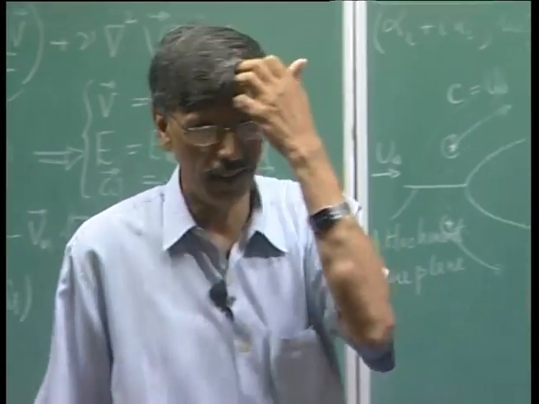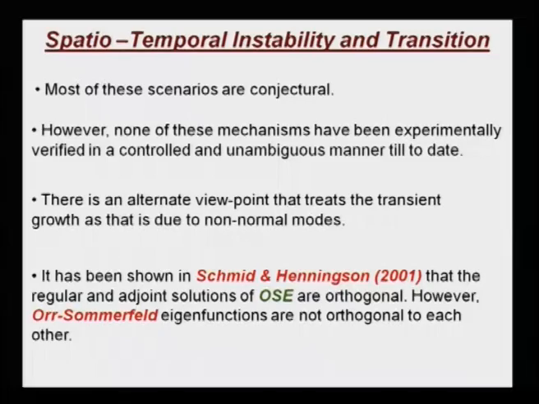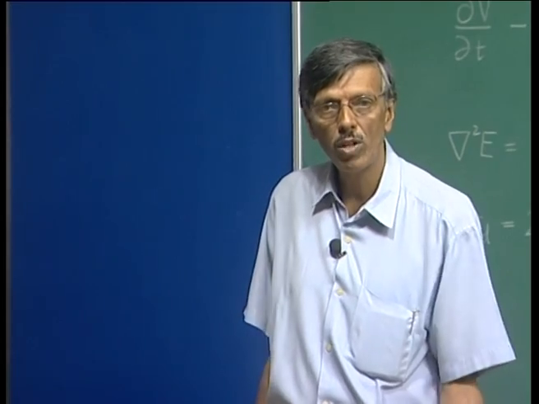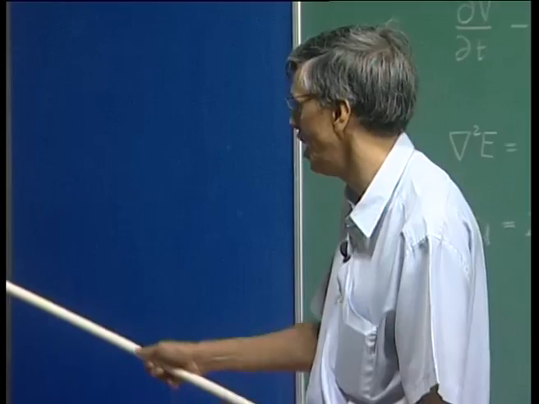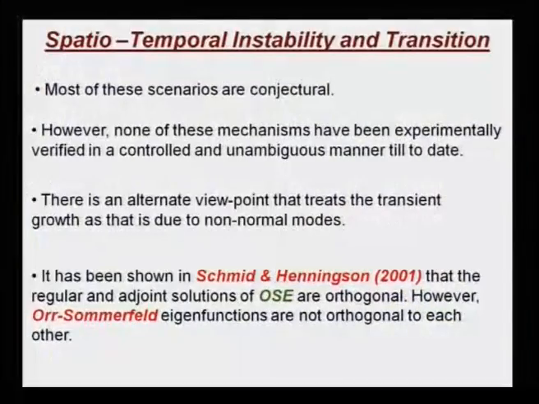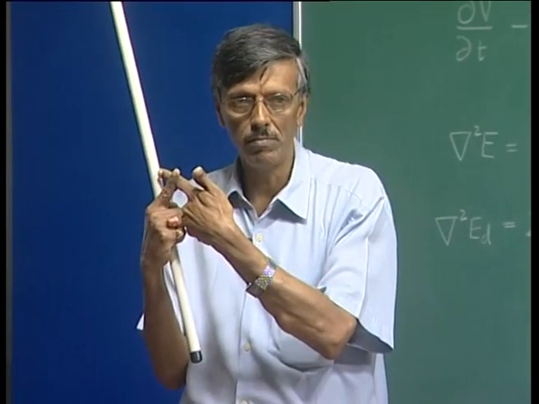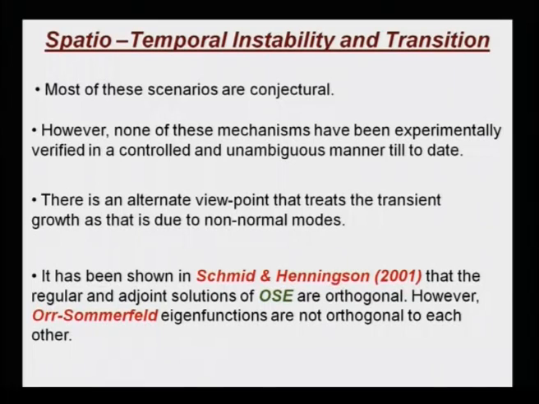Now, what kind of an animal is it, non-normal modes? This has been pursued by Smith and Henningsen, who note that if you look at the solution of the Orr-Sommerfeld equation or take the adjoint of the Orr-Sommerfeld equation, the modes that you get are themselves orthogonal to each other. However, the Orr-Sommerfeld eigenfunctions themselves are not orthogonal to each other.